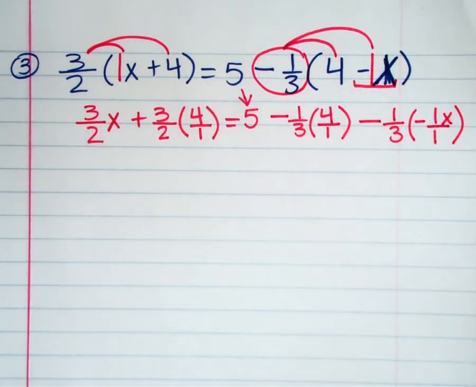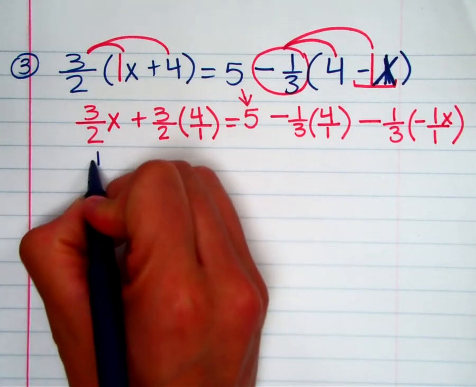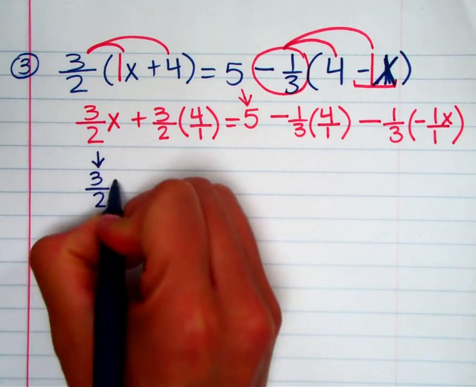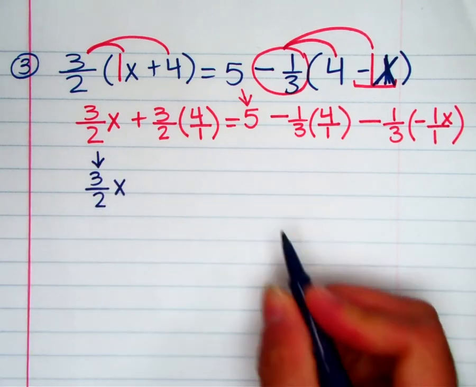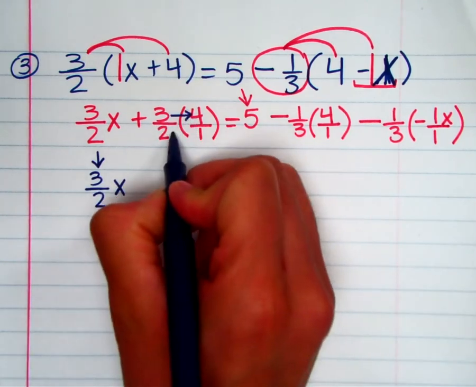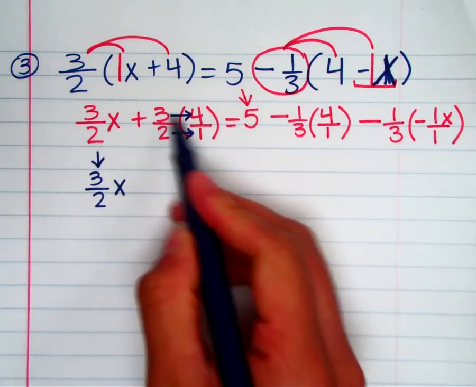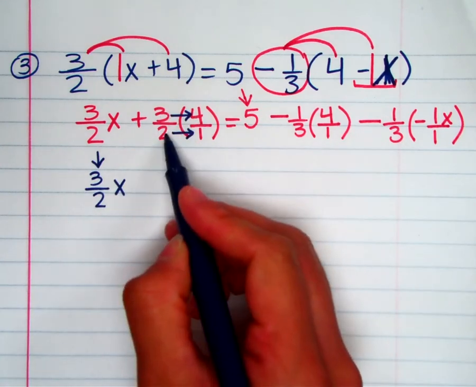All right, here we're going to simplify. Again, you can use your calculator if you're a little confused. So we're going to take 3/2 and just bring it straight down, x. Then we're going to multiply this straight across and simplify. So 3 times 4 is 12. 12 times 2 is 2.